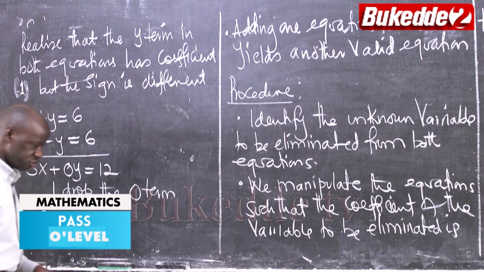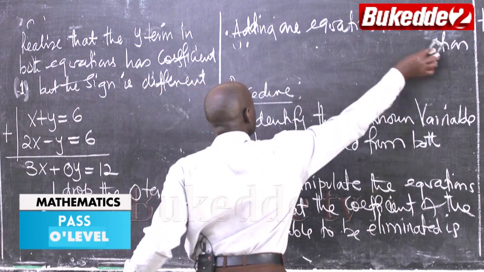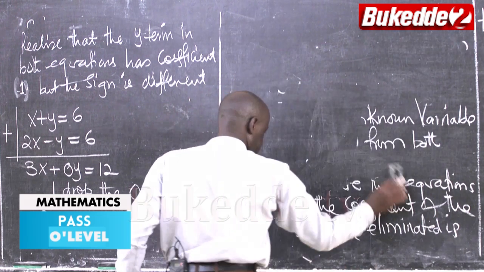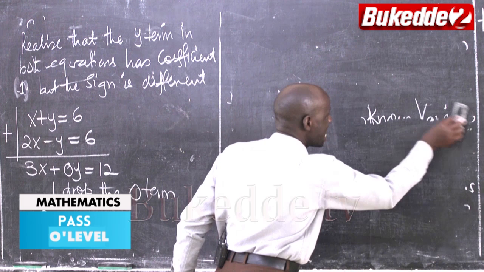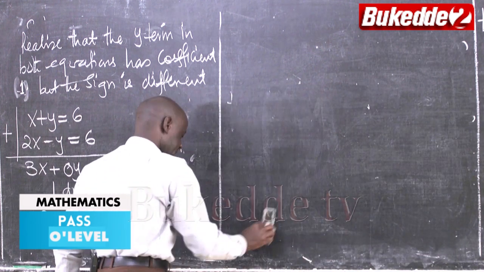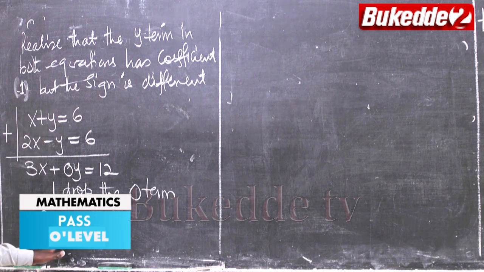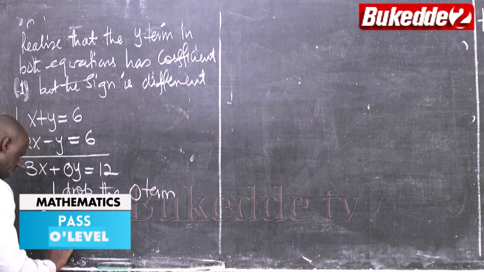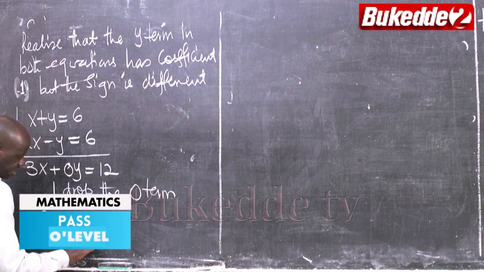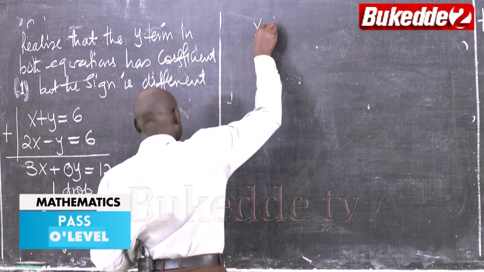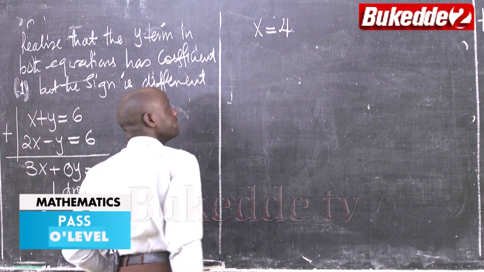After dropping the 0 term, you are left with an equation which has only one variable, and that is x. This can easily be obtained using the usual method of dividing both sides by 3. So when we divide by 3, we have that x is equal to 4.